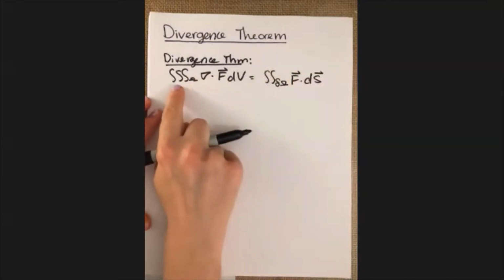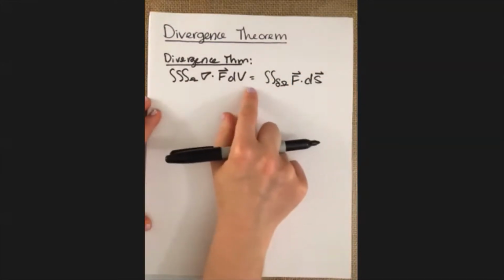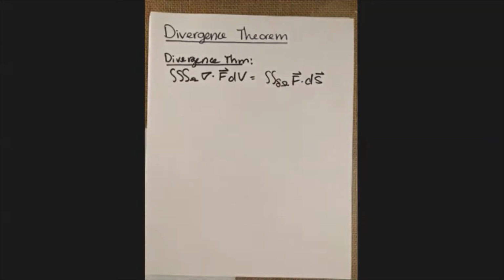So we've basically taken a volume integral and figured out how to turn it into a surface integral, notching it down an entire dimension, which is really interesting.